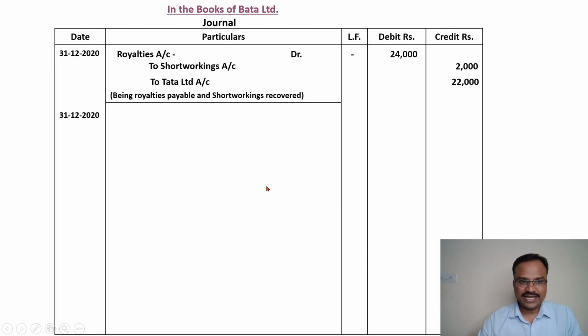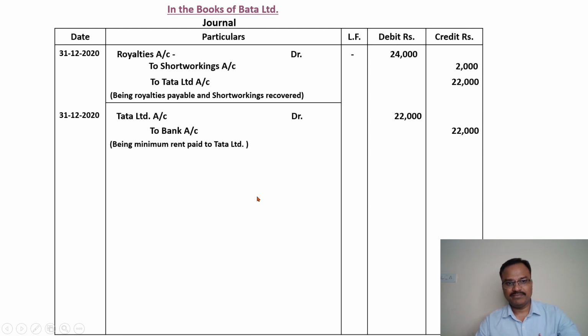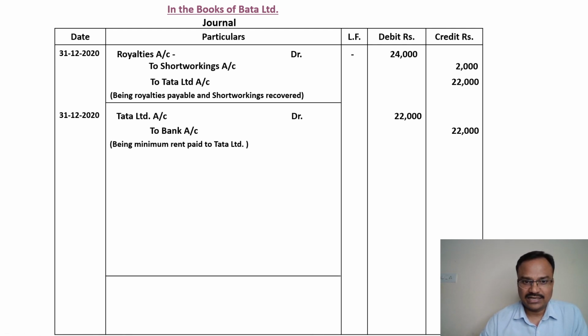Now the next entry for 2020 is Tata Limited account debit to bank account. This is the entry of payment. Being minimum rent paid to the Tata Limited. See friends, here we have not paid the minimum rent. Here we have paid the royalties. So in the narration you can write like this: being royalties paid to the Tata Limited.